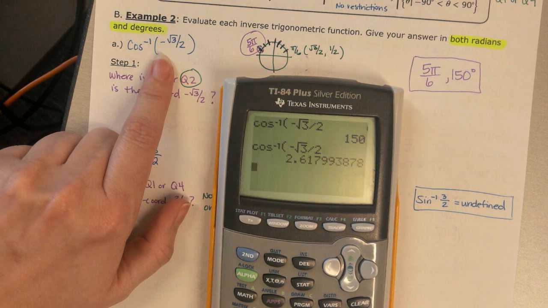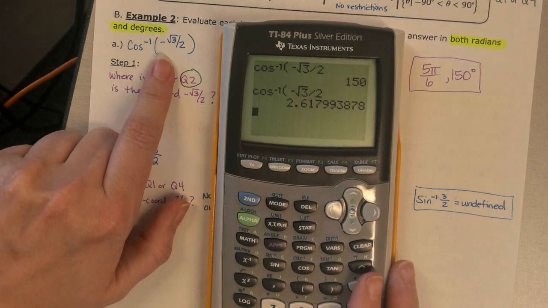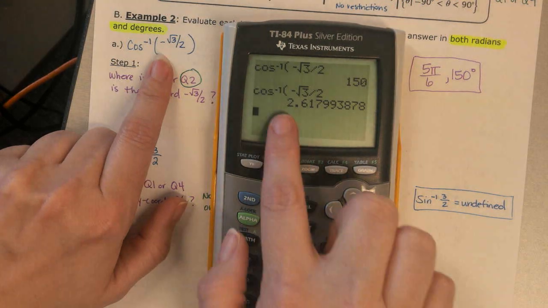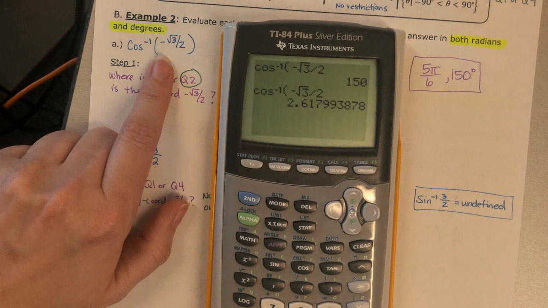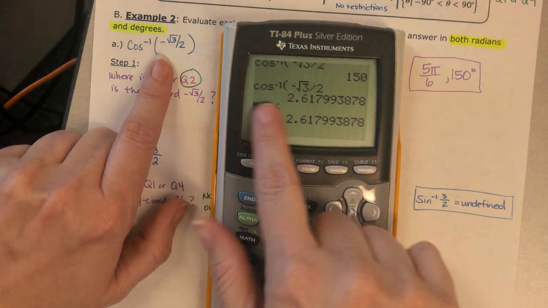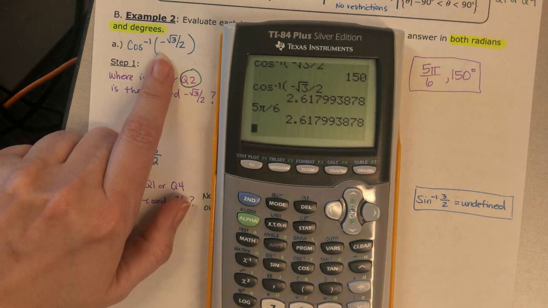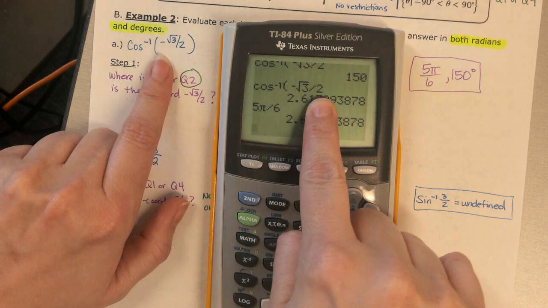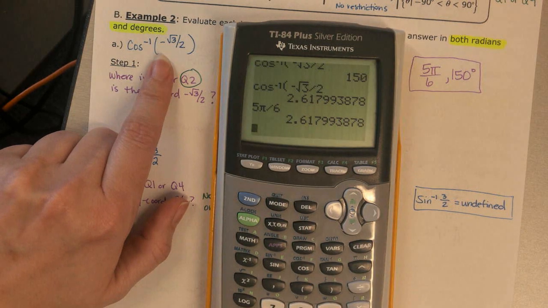Let's see. What do we think this is? 5 pi over 6, as a decimal. It gives you the radians, but in decimal form. Is it in the domain? Yes, it is. Negative root 3 over 2 is in between negative 1 and 1.